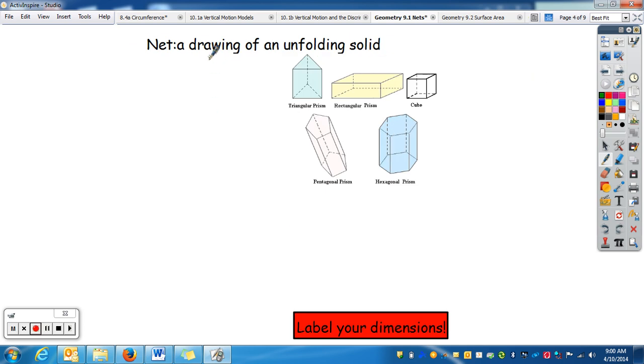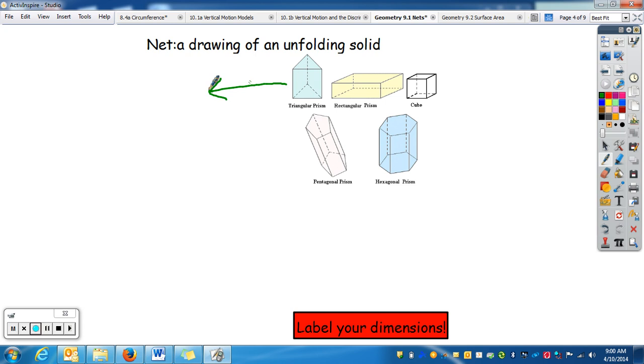Drawing a net is just unfolding a solid. If I cut along certain edges, I could draw the net. Let me draw the net for the triangular prism. I would just cut around the edges.